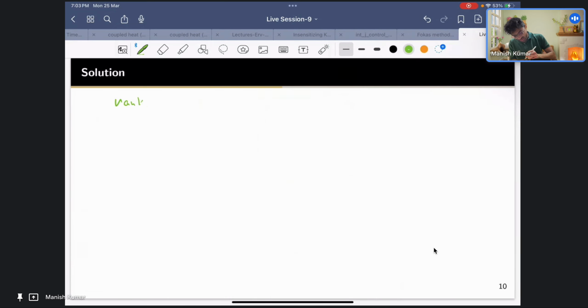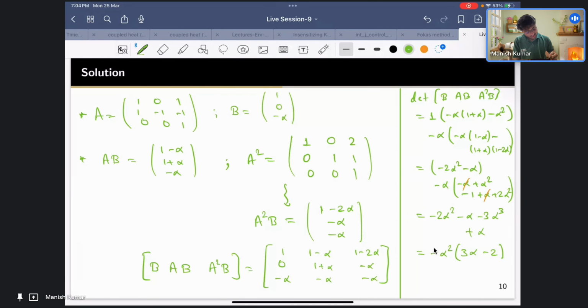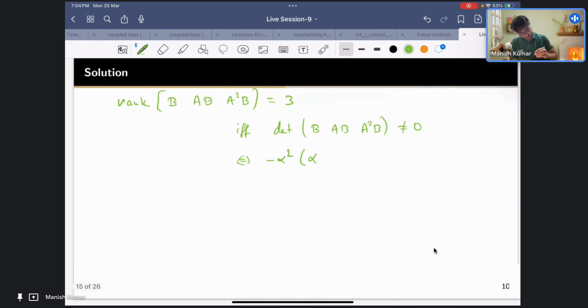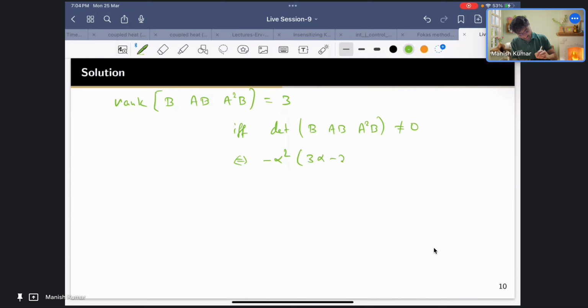The rank of this matrix B, AB, A square B is full, that is, it is 3, if and only if the determinant of this matrix is non-zero, which is equivalent to telling that this expression, which is, I hope it's correct, I don't know, again I have doubt, but let us assume whatever it comes, minus alpha square (3 alpha minus 2), should be non-zero.